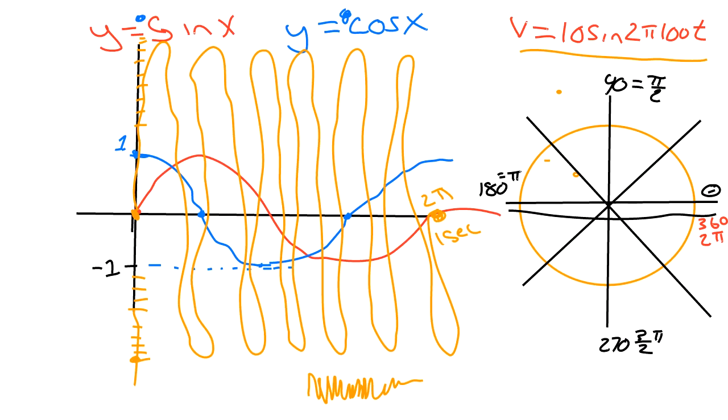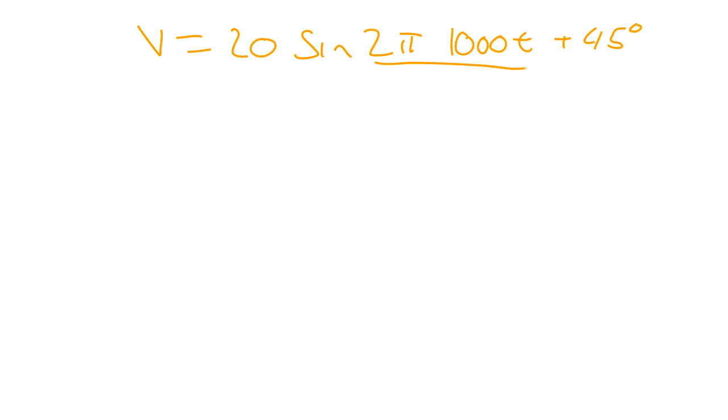Now, there is an issue that I see with one of them. Let's go ahead and erase this. The second one, number 14, I think they meant to put, let me draw that out for you to get an idea: V equals 20 sine of 2 pi 1000 t plus 45 degrees. In this case we have degrees and radians in the same block.